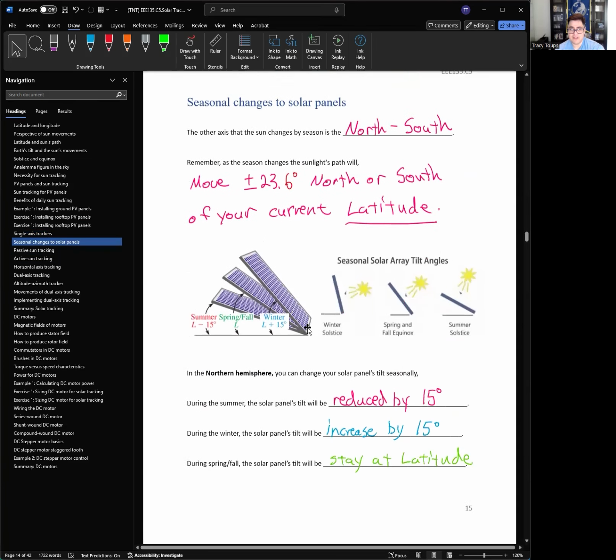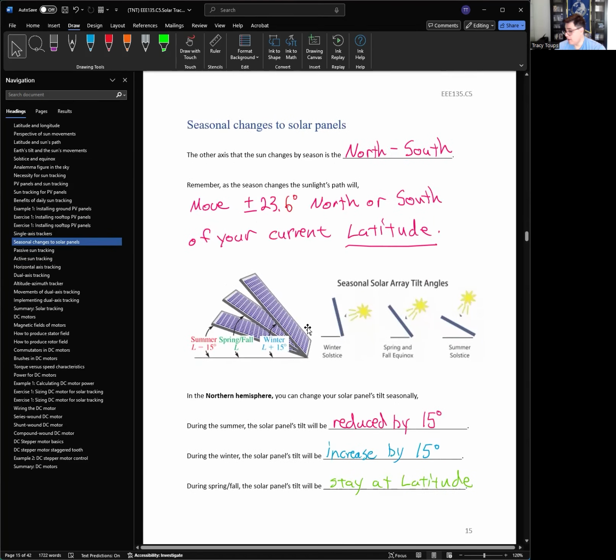We also have a little bit of north to south movement. Now, the north to south movement is not daily, it's seasonal. Remember, the Earth has a tilt of 23.6 degrees. So the sun's path, the daily arc of the sun, will move north and south.